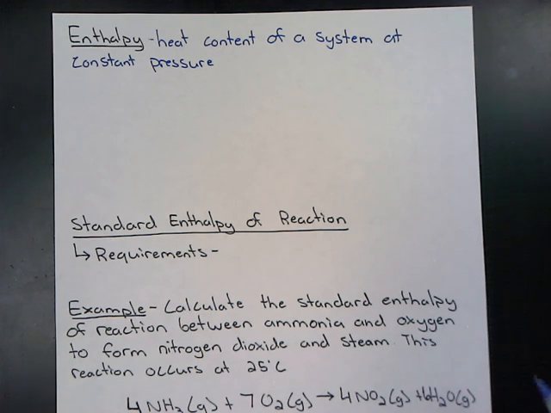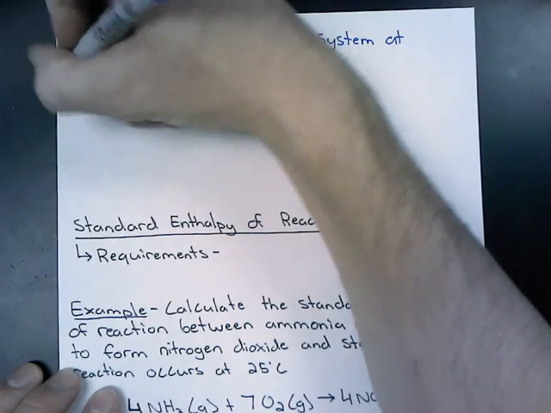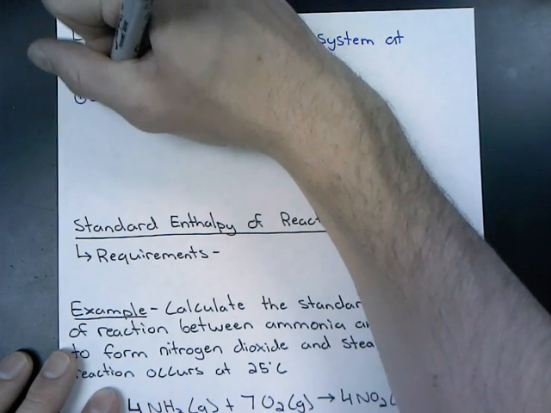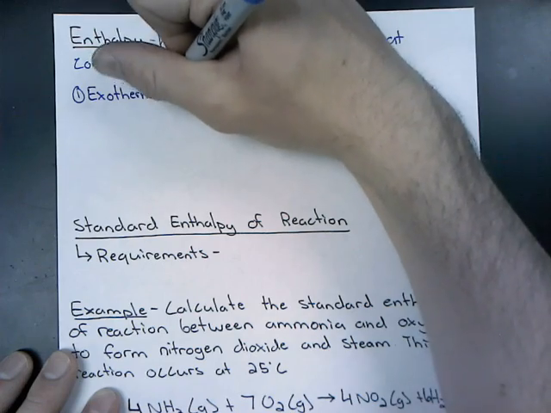Now, with this business of enthalpy, we have to talk about a couple of different things, and those two things are an endothermic versus an exothermic reaction. So the first thing here is going to be an exothermic reaction.